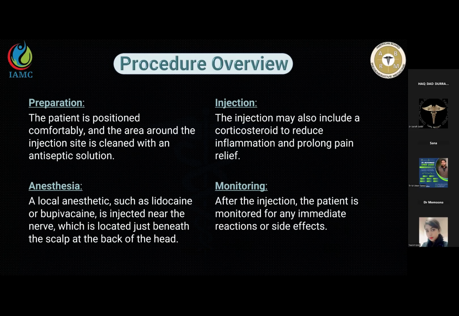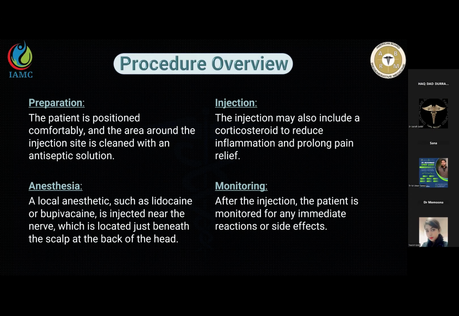So this is the overview of the block. It is typically in an outpatient setting. You don't need to admit the patient. It is a day procedure, allowing the patient to return home shortly after the injections.